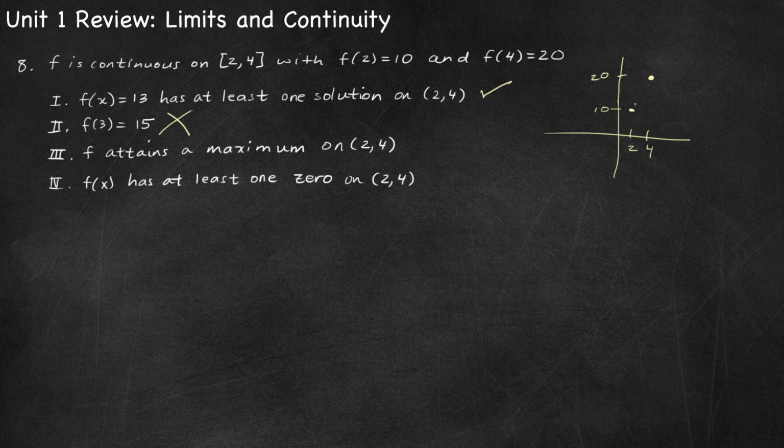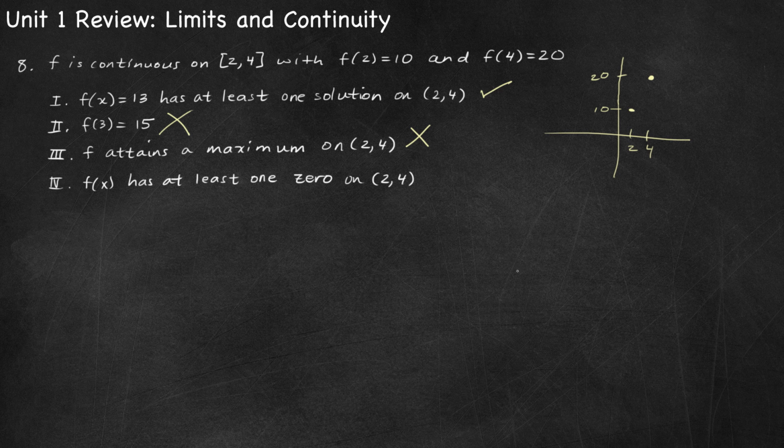So it could be that f has a maximum. Maybe our graph does something like this, and there's a maximum. But it doesn't necessarily have to. Our graph could also do something like this and have a minimum. Or we could just have a straight shot from one endpoint to the other. So that is not guaranteed. Again, it could be true, but not necessarily so.